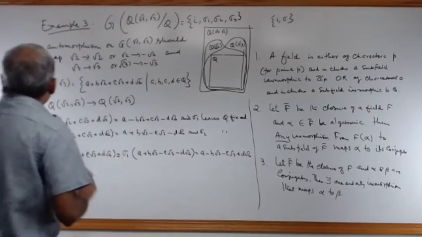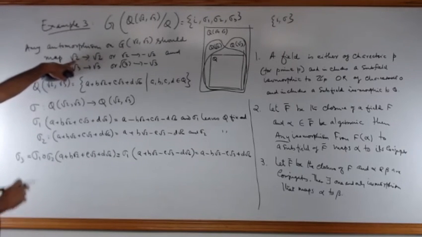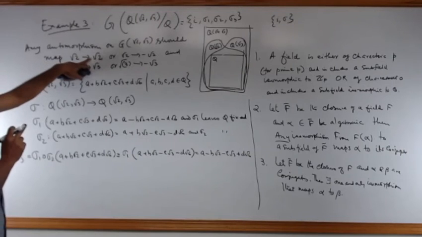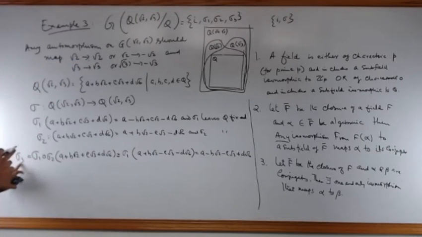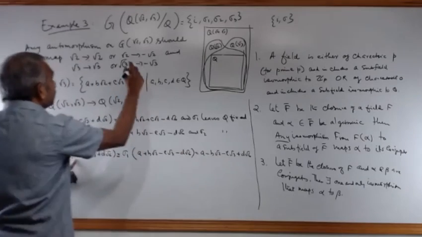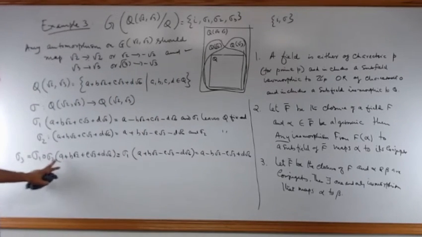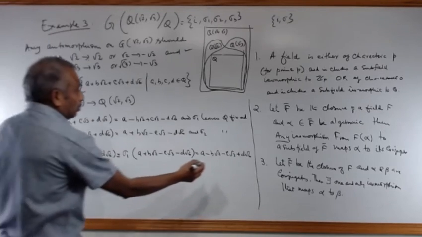See, if you consider this situation, every automorphism should map root 2 to root 2 or root 2 to minus root 2. See, sigma 3 is mapping root 2 to minus root 2. So this is perfect. And sigma 3 maps root 3 to minus root 3.